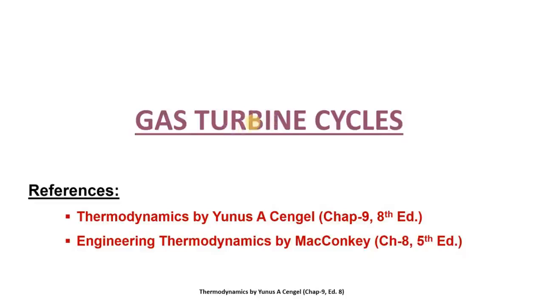There is a difference. Gas power cycle could be an Otto cycle, it could be a diesel cycle, or it could be a gas turbine cycle. We are not discussing diesel or Otto cycle, which is something we have already covered. Here we are discussing one particular type of gas power cycle, and that is called gas turbine cycle.